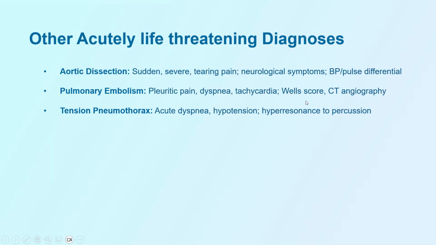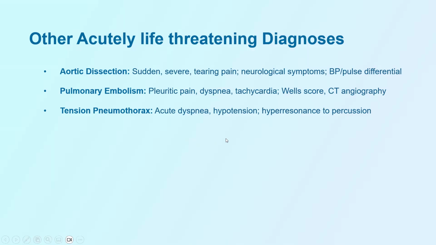And when you check their Wells score, it's above the threshold, and it's diagnosed by CT angiography. Tension pneumothorax usually occurs in trauma cases. It presents with acute dyspnea or really bad shortness of breath, hypotension, and absent breath sounds on the affected side. When you do percussion, you will see that it's hyperresonant.